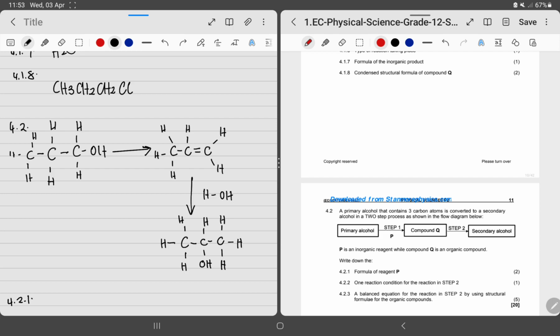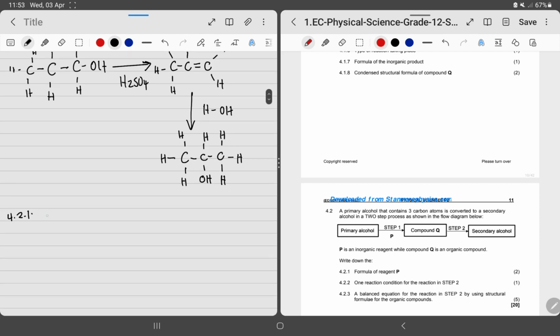A good dehydrating agent would be sulfuric acid, so this must be concentrated sulfuric acid. 4.2.2. One reaction condition for the reaction in step 2. You need water, and the water must be in excess.